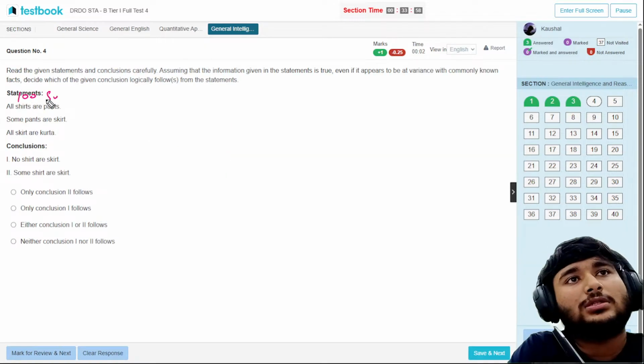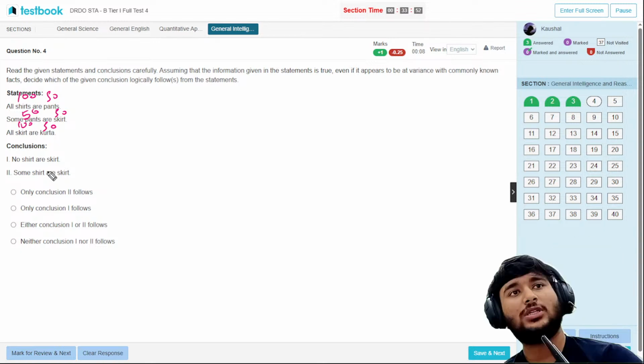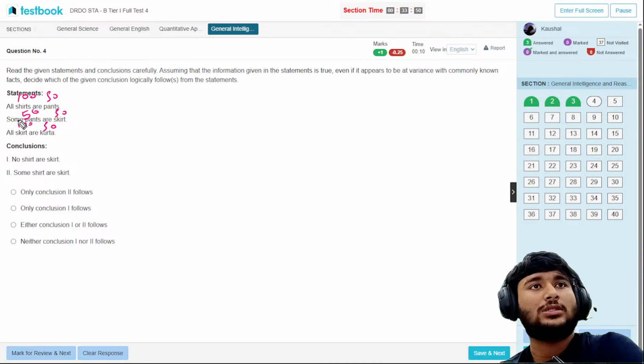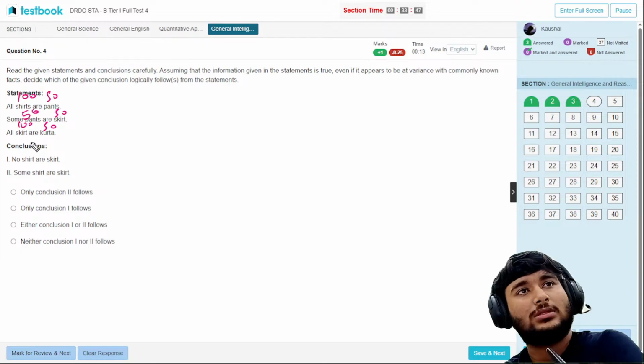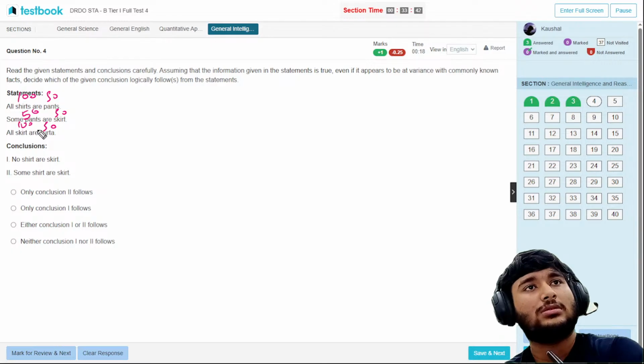All shirts are pants. Some pants are skirts. All skirts are kurtas. No shirt is skirt.